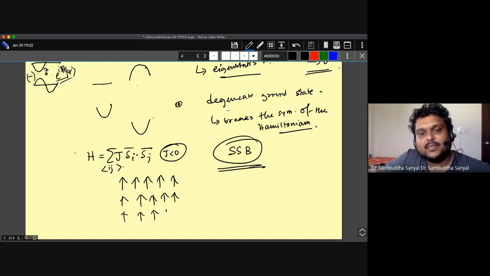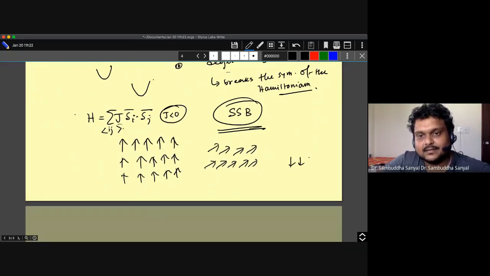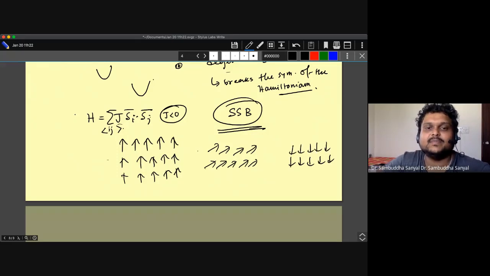Now notice that the Hamiltonian has a rotational symmetry, which means this state is the same as this state as far as the Hamiltonian is concerned, and this is the same as this state, right? But there is an infinite energy barrier between these states, because if I try to rotate the spins from here to here, I have to cross an infinite energy barrier in between.